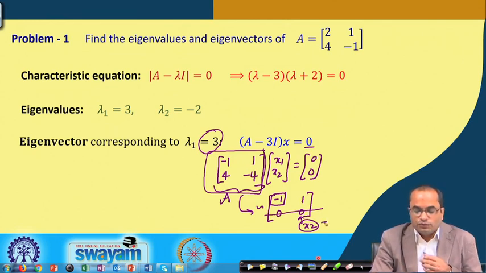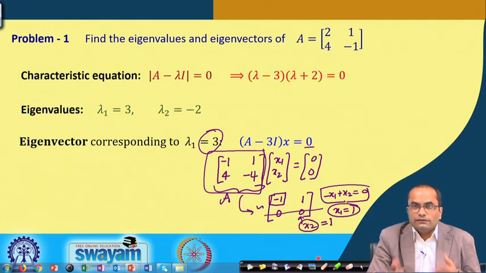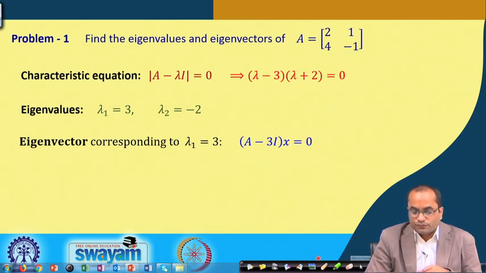If we choose x 2 is equal to 1, then this equation, minus x 1 plus x 2 is equal to 0, gives x 1 also 1. There are infinitely many possibilities for the solutions. Here one possibility is that x 1 is 1 and x 2 is also 1.